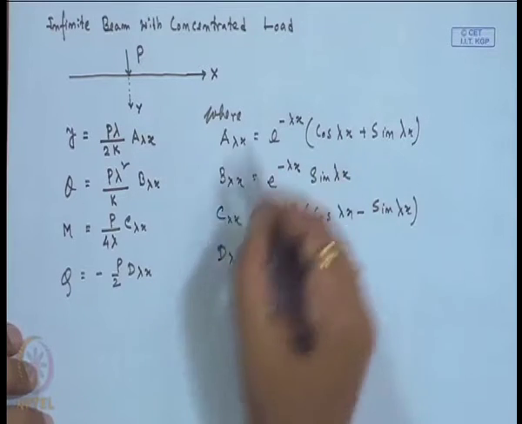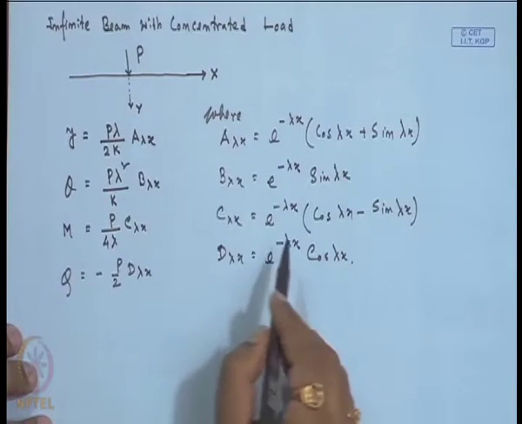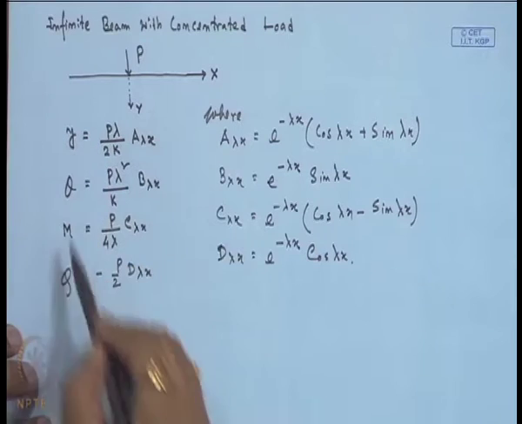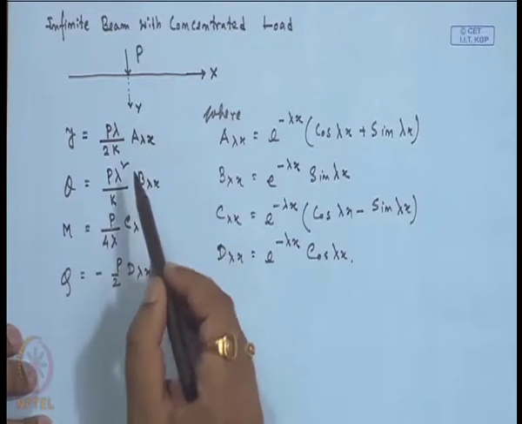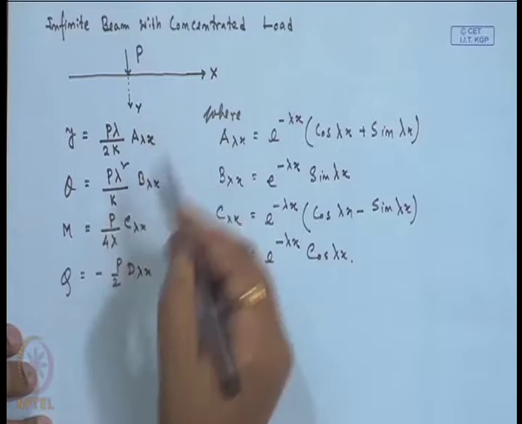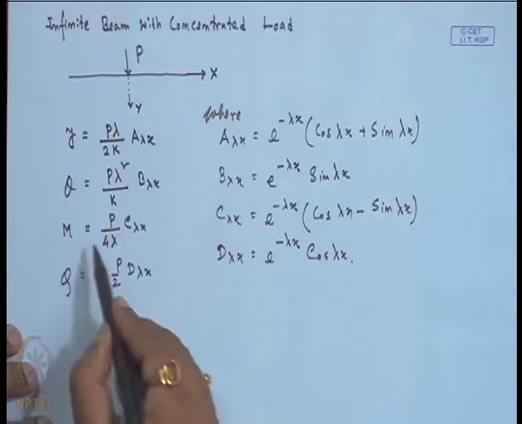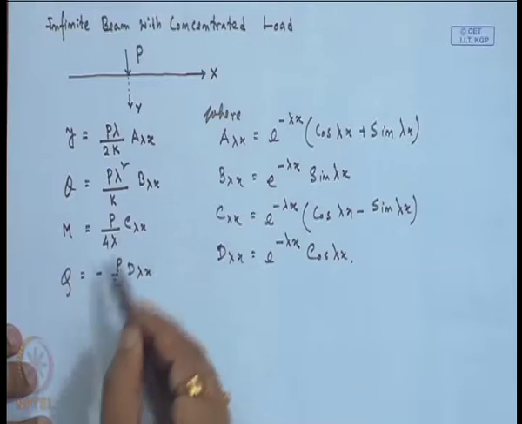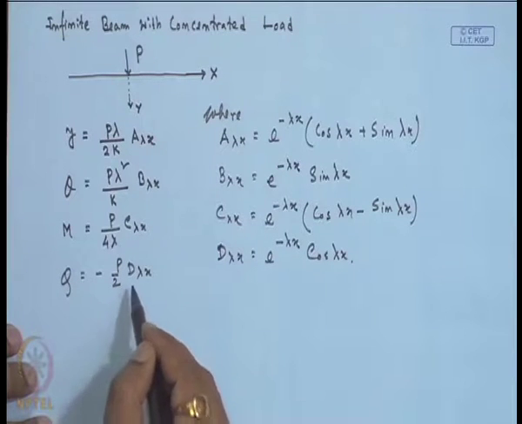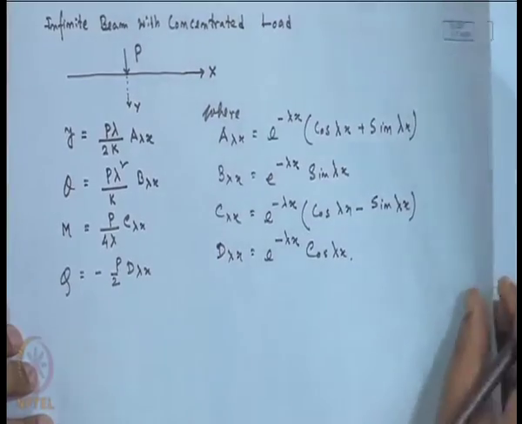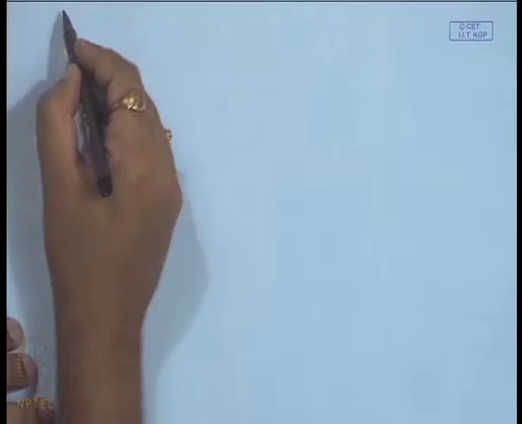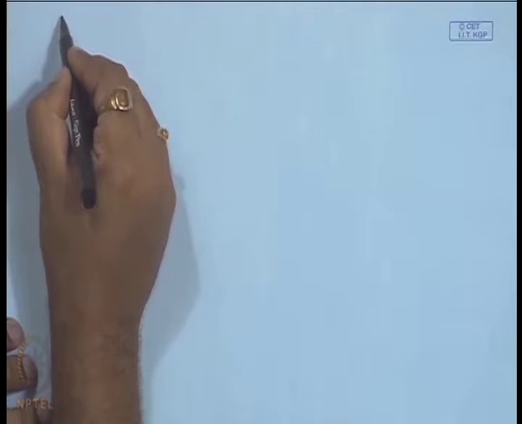So, these 4 are the coefficients, and we get this type of expression for 4 different quantities: y for the deflection, theta for the slope, M for the bending moment and Q for the shear force.